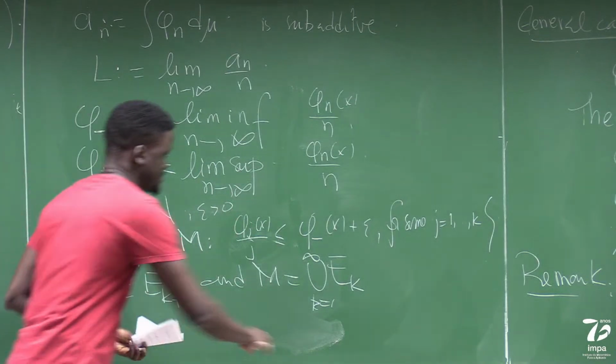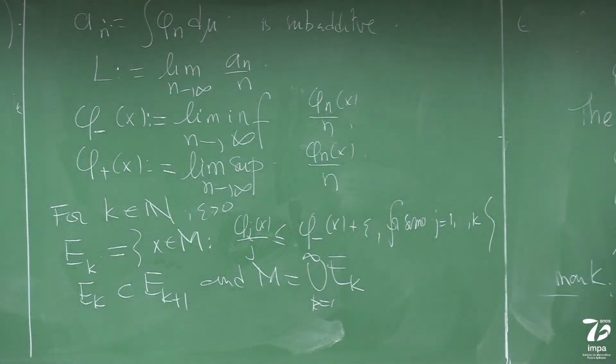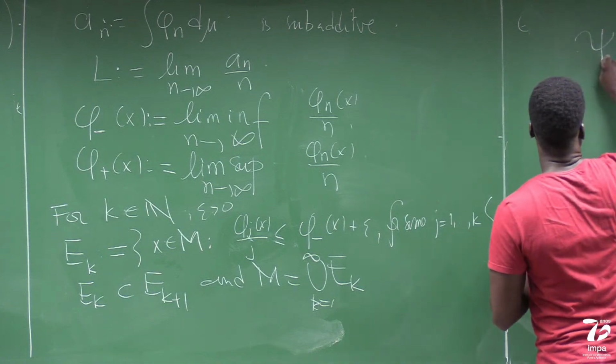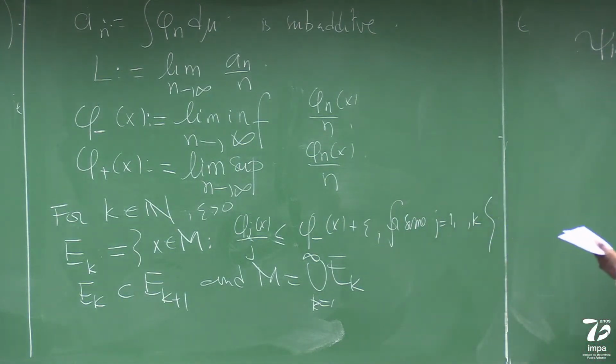From that we define this function. This function is defined in a way that the limit now is phi minus plus epsilon, phi minus x plus epsilon if x is in ek, and phi 1 x if x is in ek complement.